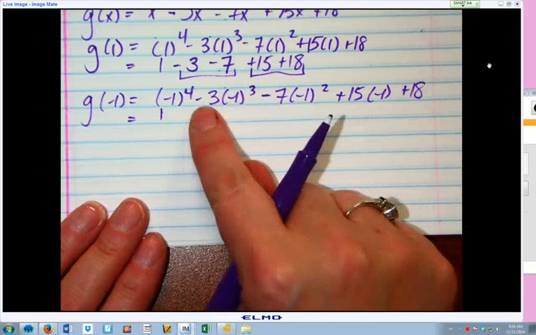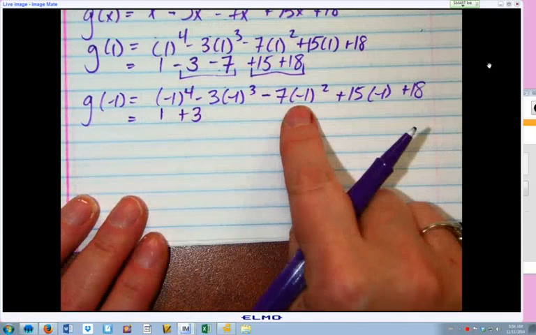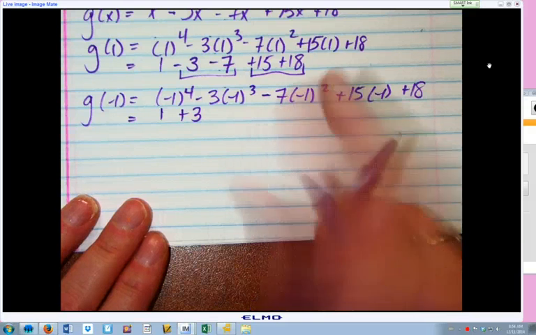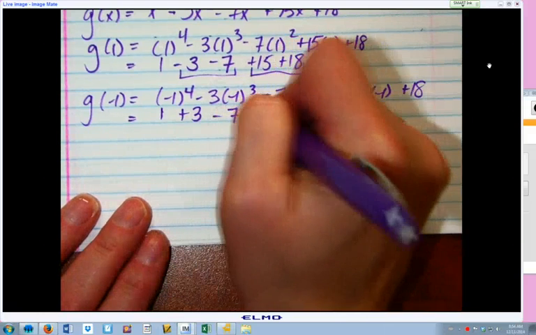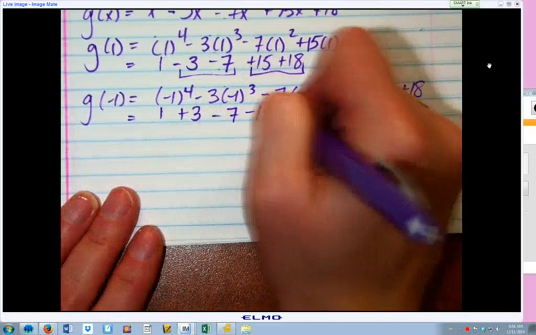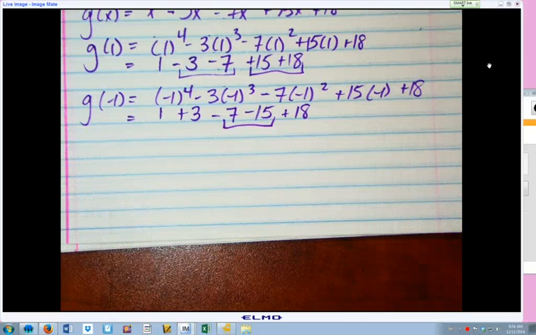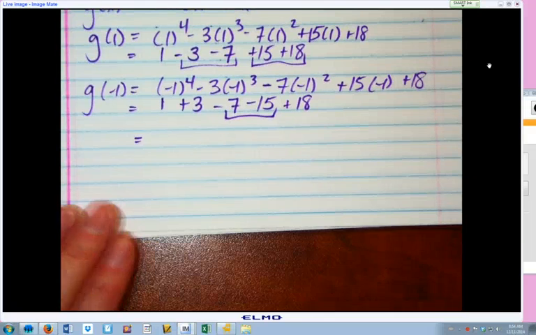Okay, so negative 1 times negative 3. Negative 1 squared, 1 times minus 7. Minus 7. 15 times negative 1. And 18 by itself. Okay, so I tend to put the negatives together first. I don't know, it's just the way my brain works. So negative 7 and negative 15.